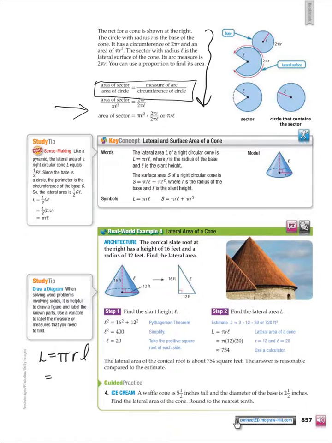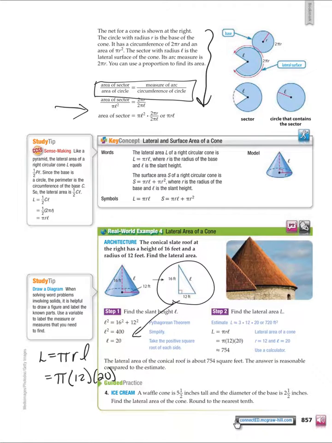So to be more accurate, we're going to have pi. The radius of our base is 12. We don't know the lateral edge or the lateral height, which is again the slant height, but we do have enough information to use the Pythagorean Theorem here to find it. And we see that our slant height is 20.